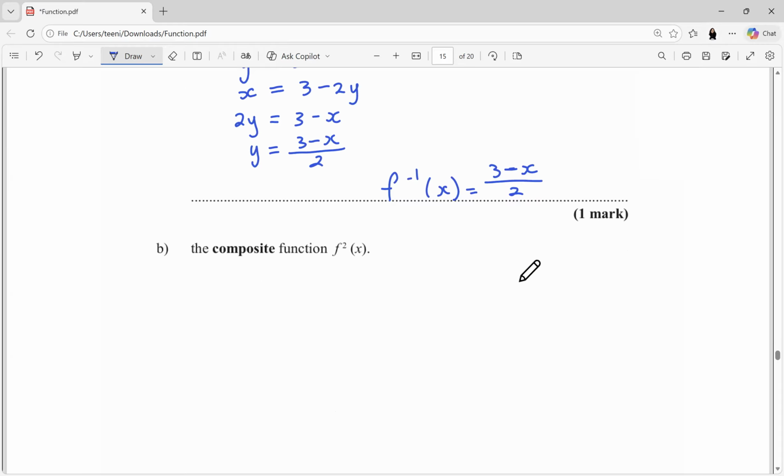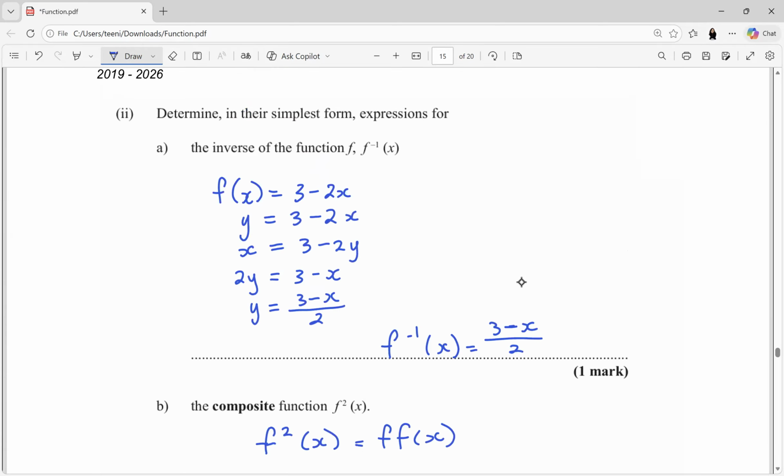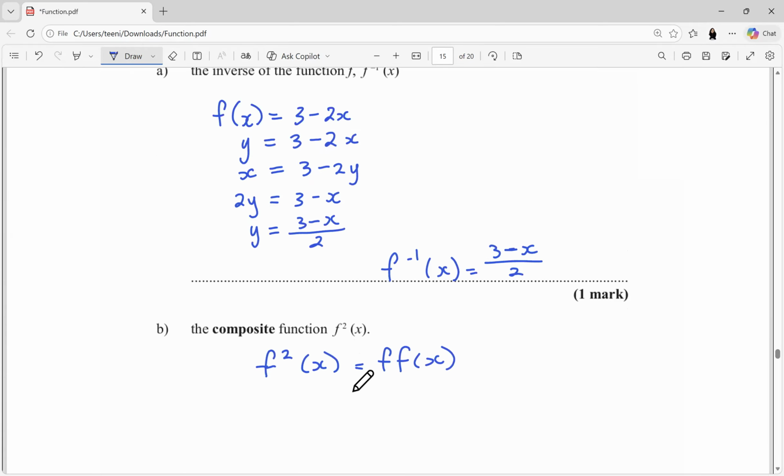A composite function f squared of x, guys, f to the power of 2 of x, this literally means f of f of x. Okay, that's what it means. So whenever you see that, that's what it means. So f of f of x is finding what f of 3 minus 2x is equal to.